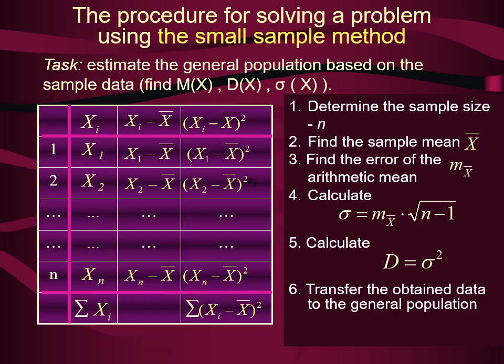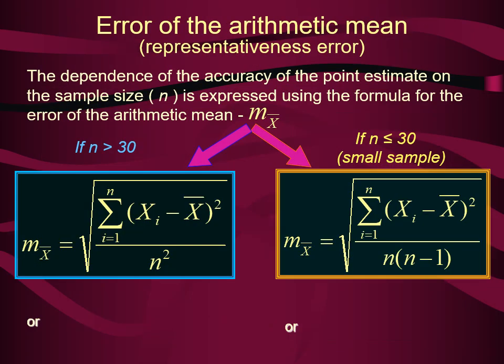Deviations squared and summed will give us the value indicated in the numerator of the calculation formula of the arithmetic mean error.